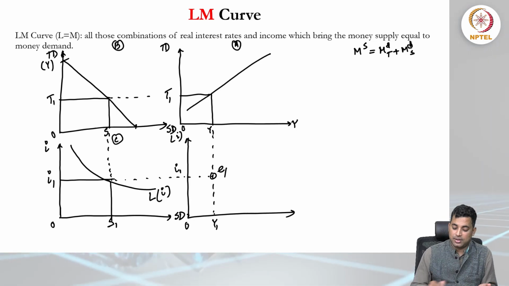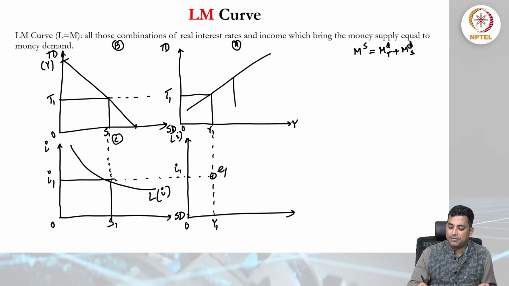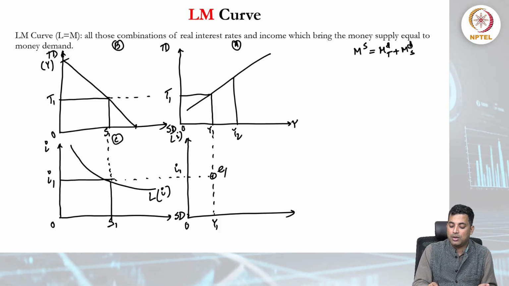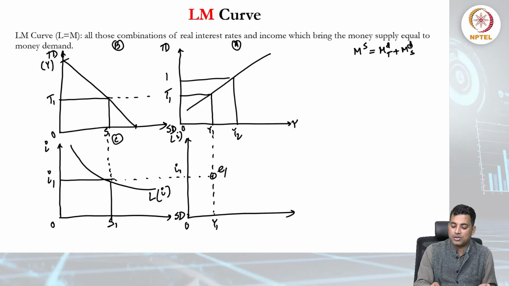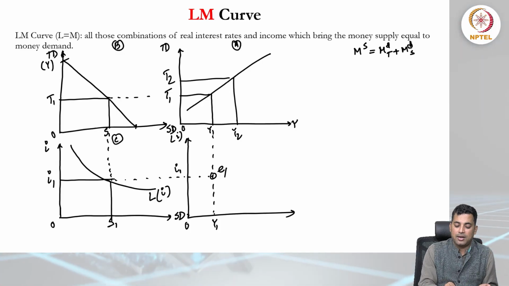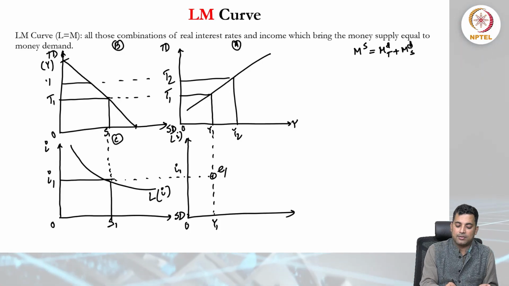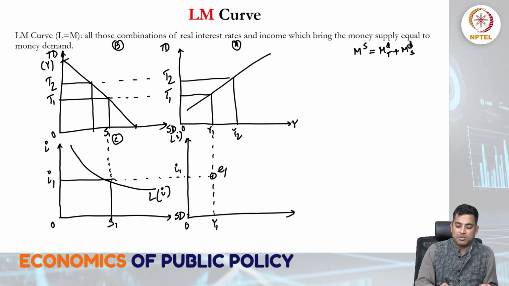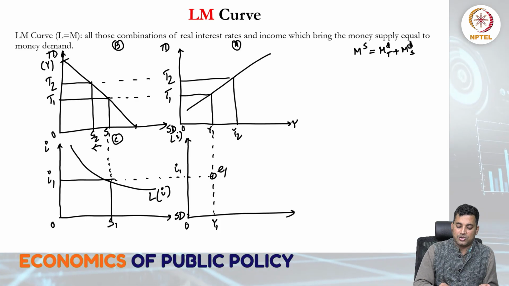So we got E1. Likewise, if income increases from Y1 to Y2, the transaction demand will certainly increase, and if transaction demand increases, then money demand for speculative purposes will decrease because there is a trade-off.